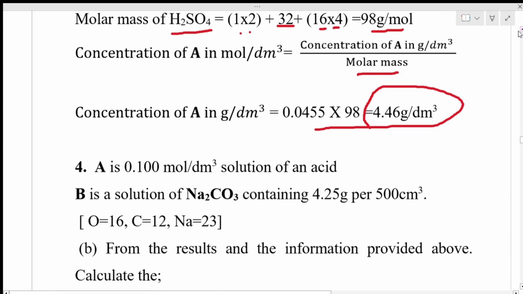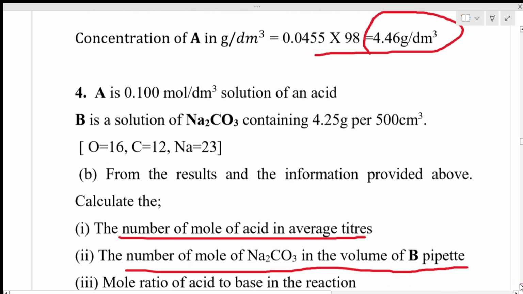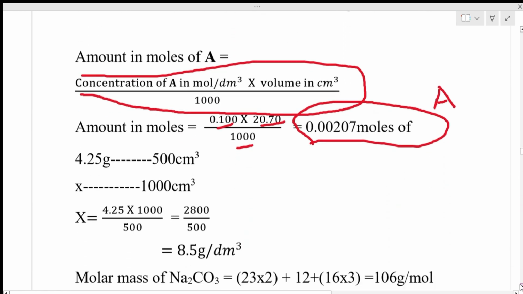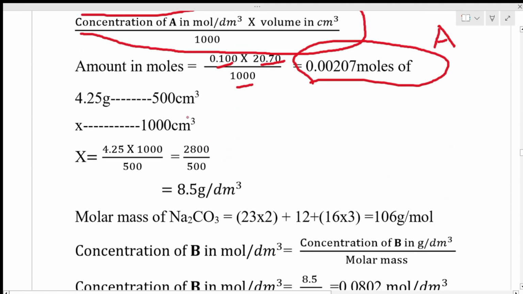Now, what I'm given is 4.25 gram per 500 cm³. It's not in gram per dm³, it's not in mole per dm³, and I need my value in mole per dm³. So I'm going to convert this to gram per dm³, then take it to mole per dm³. You see? So let's follow the conversion process. Then we arrive at this as gram per dm³.